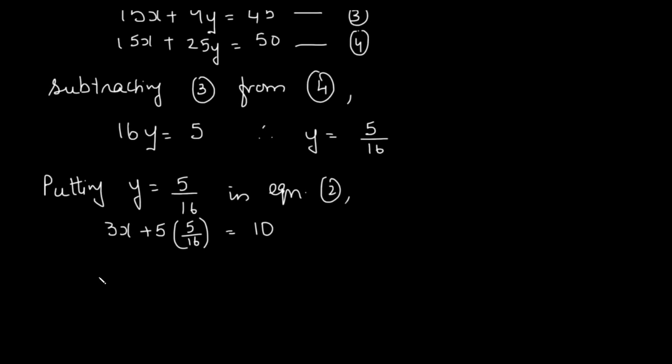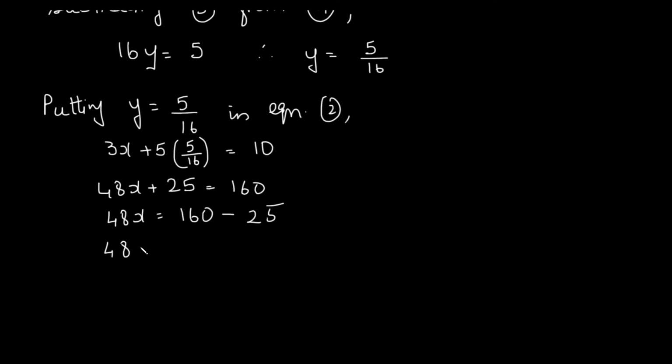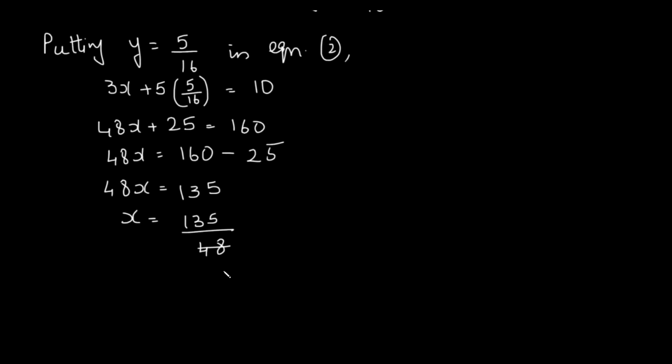Then equalizing the denominators everywhere, we get 48x plus 25 is equal to 160, or 48x is equal to 160 minus 25, which comes out to be 135, so x is equal to 135 upon 48, both of which go in the table of 3, so we get 45 upon 16.